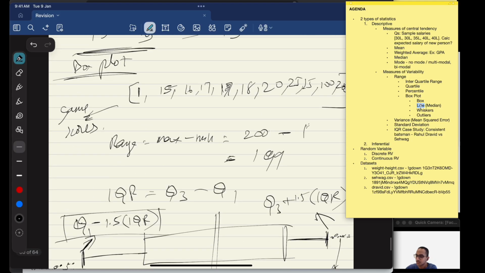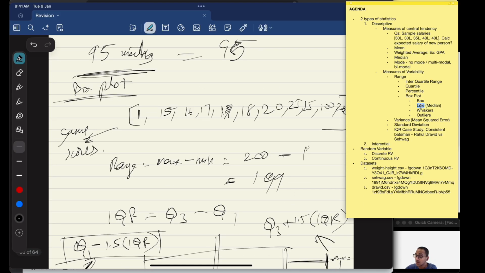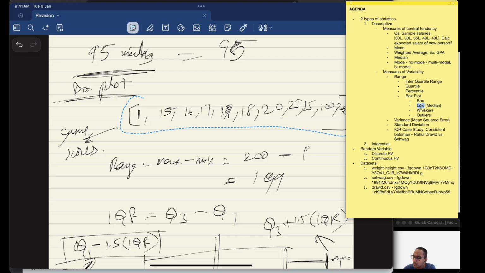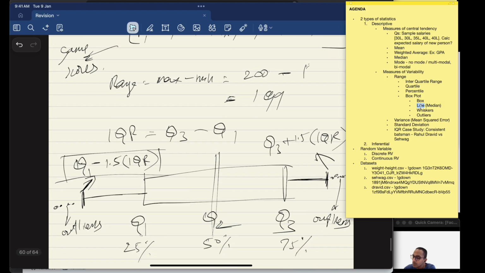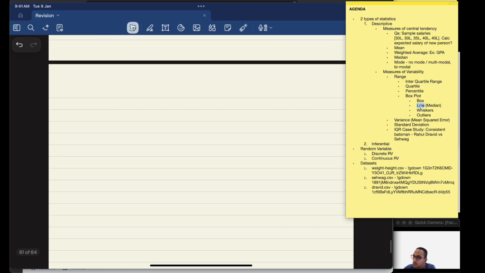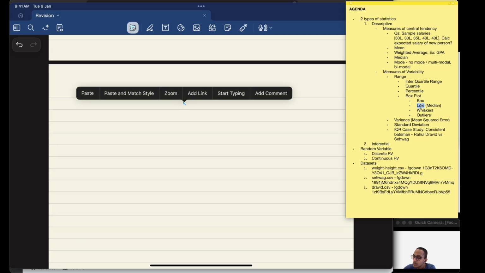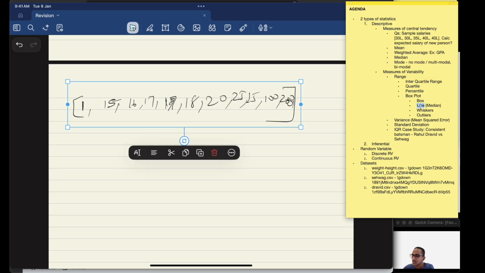So we have our data set. Let's take our data set. So this is our data set.